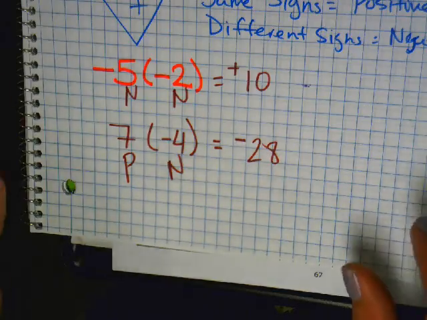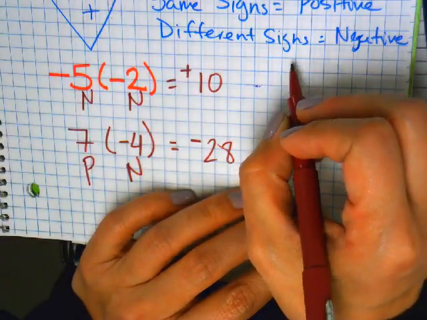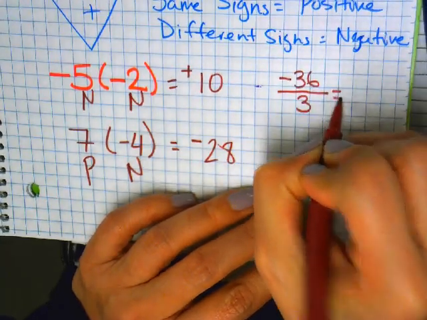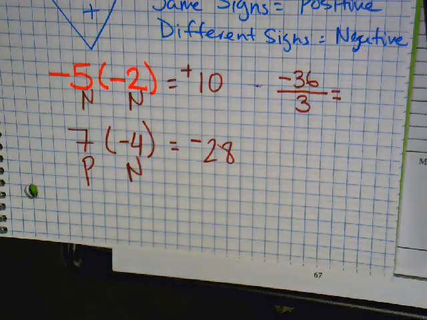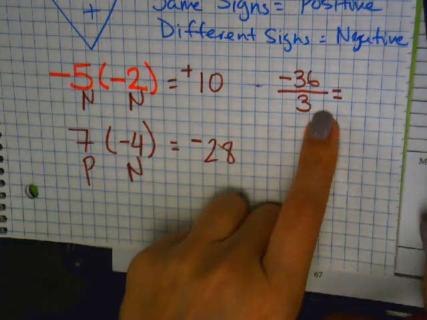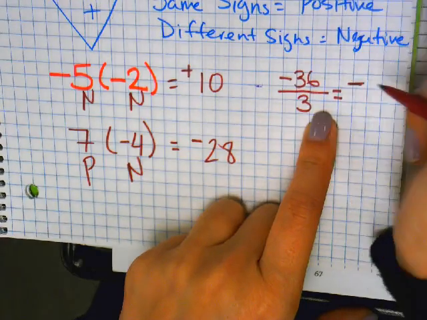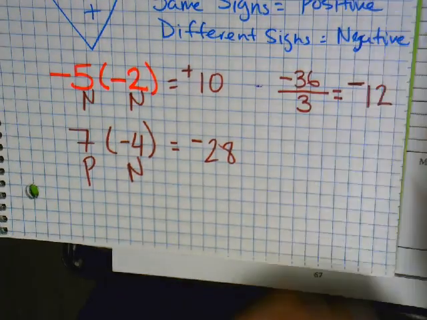All right, let's do some division. What's -36 divided by 3? First off, is it going to be negative or is it going to be positive? Negative. And then what's 36 divided by 3? 12.